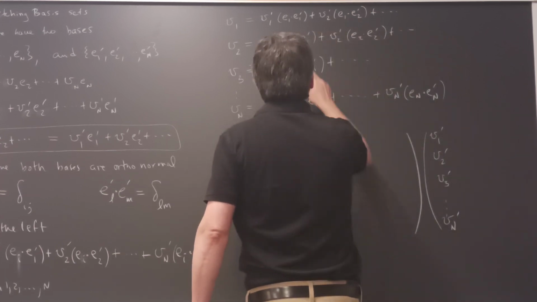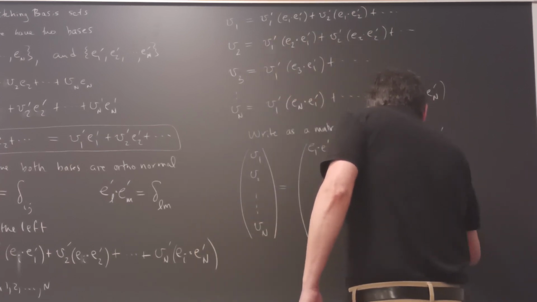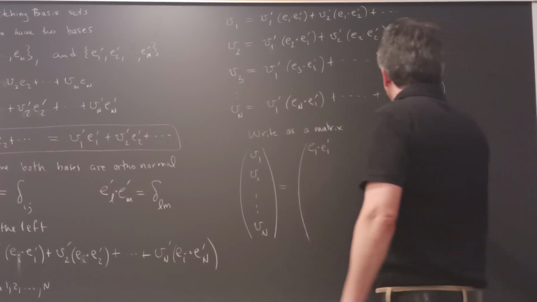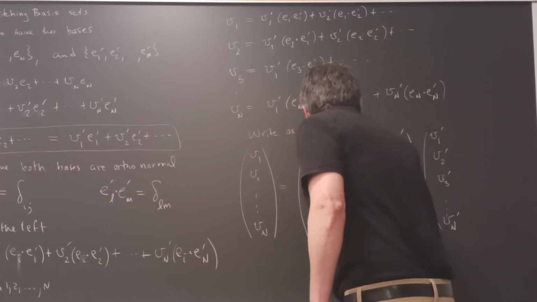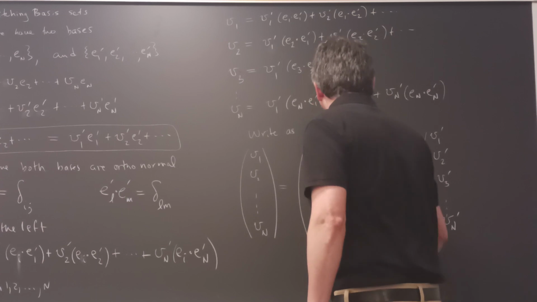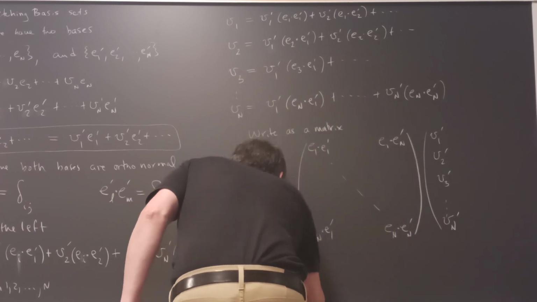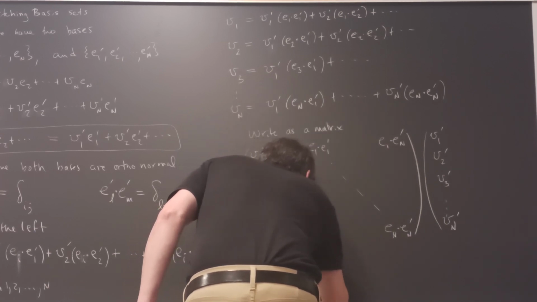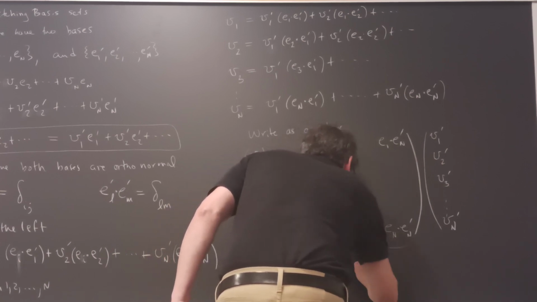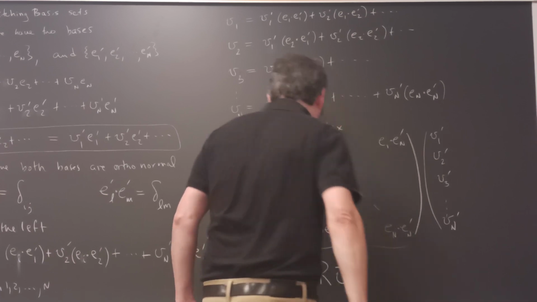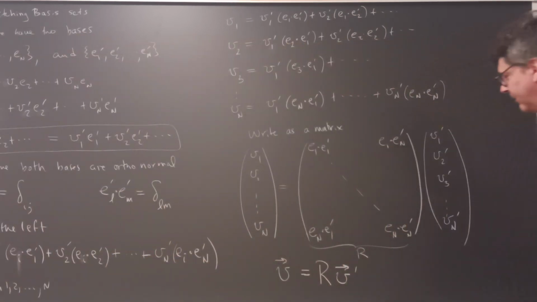This matrix has E1 dotted with E1 prime in the top corner, En dotted with E1 prime in the lower left, E1 dotted with En prime in the upper right, and En dotted with En prime in the lower right corner. If we call this matrix R, then V is equal to R times V prime. Sorry, I forgot to close my column vector there.